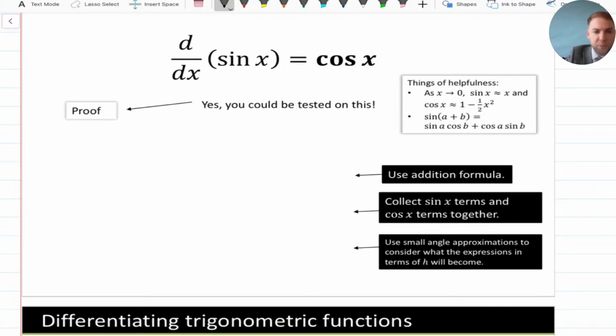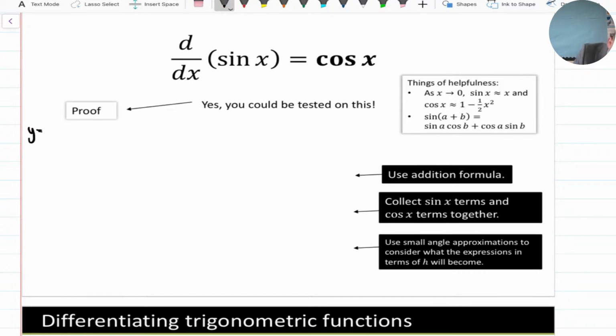So I'm just going to go through this proof. We're going to do it from first principles. So the first thing I'm going to say is let y be equal to sine of x. I'll be honest, I don't see this come up very often, but they have said that you can get tested on it, so it's definitely something that we need to do. In fact, I probably should have actually said that this is equal to f of x, because we're doing it from first principles.